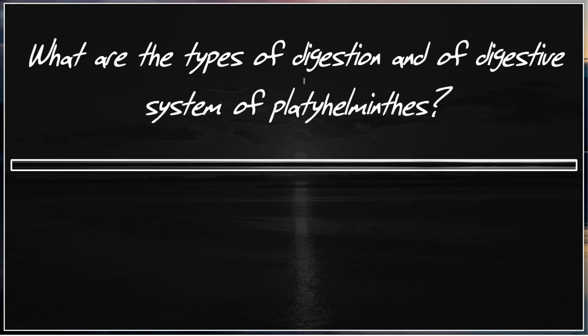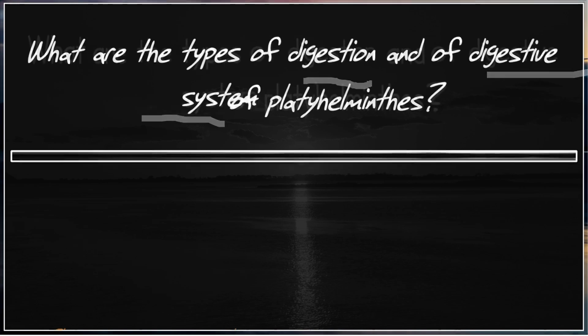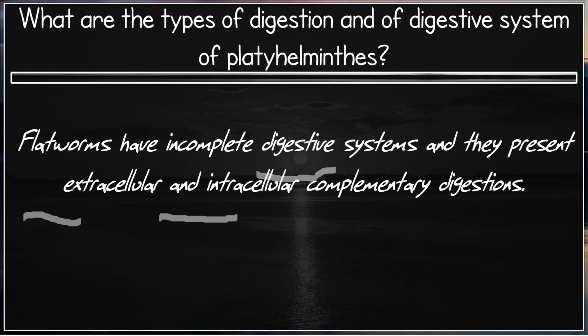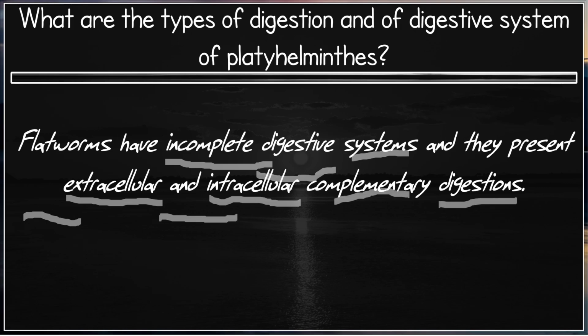What are the type of digestion and digestive systems of Platyhelminthes? Flatworms have incomplete digestive systems and they present extracellular and intracellular complementary digestion.